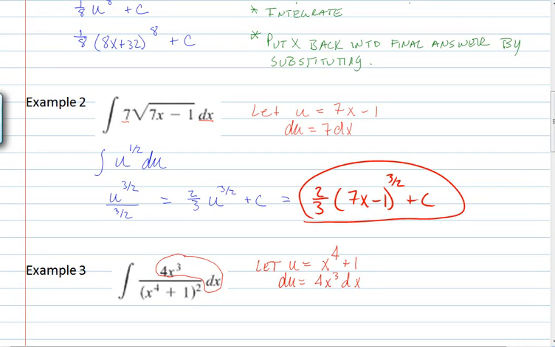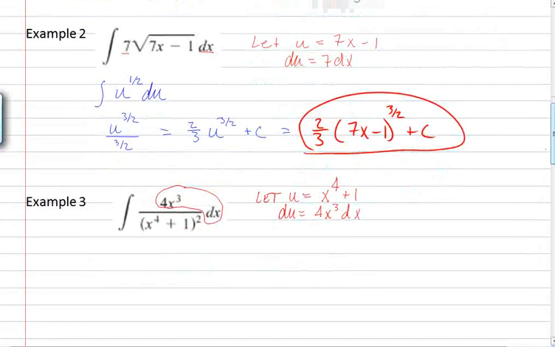How convenient. So when we rewrite this, then we have the integral of u raised to the -2 du. Now we just integrate using the power rule, right? Power rule says we do what? Add 1 to the exponent. When I add 1 to -2, I get u to the -1, and divide by -1.